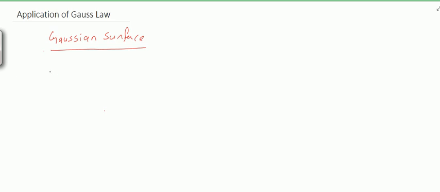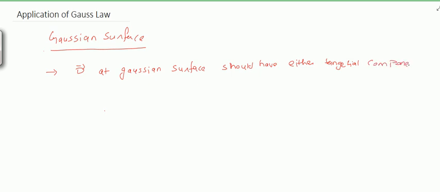The Gaussian surface is taken such that the D at the Gaussian surface, whatever surface you are taking as Gaussian surface, should have either a tangential component or a normal component.